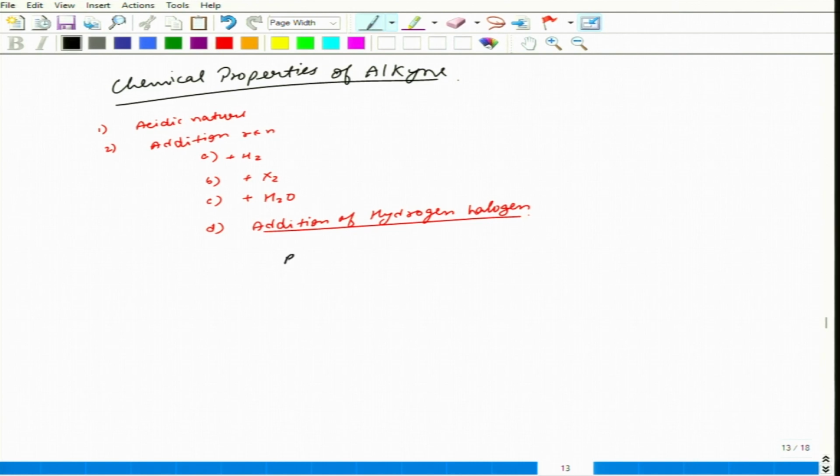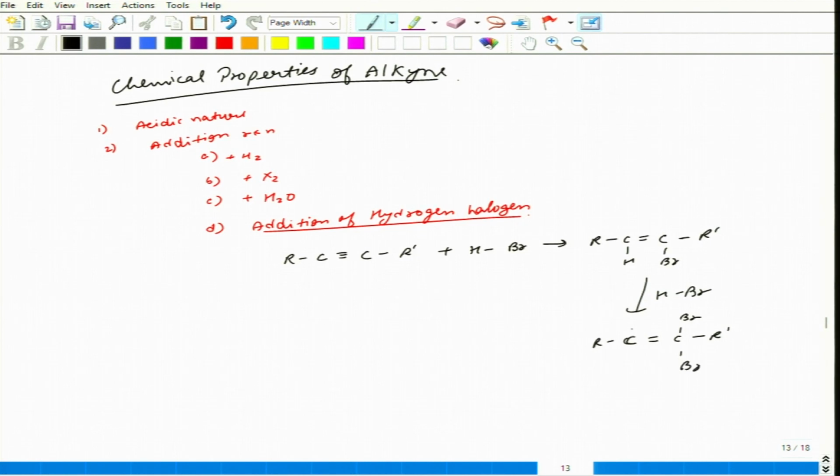So, what will happen? This will become a single bond here. Addition of hydrogen halide, sorry.